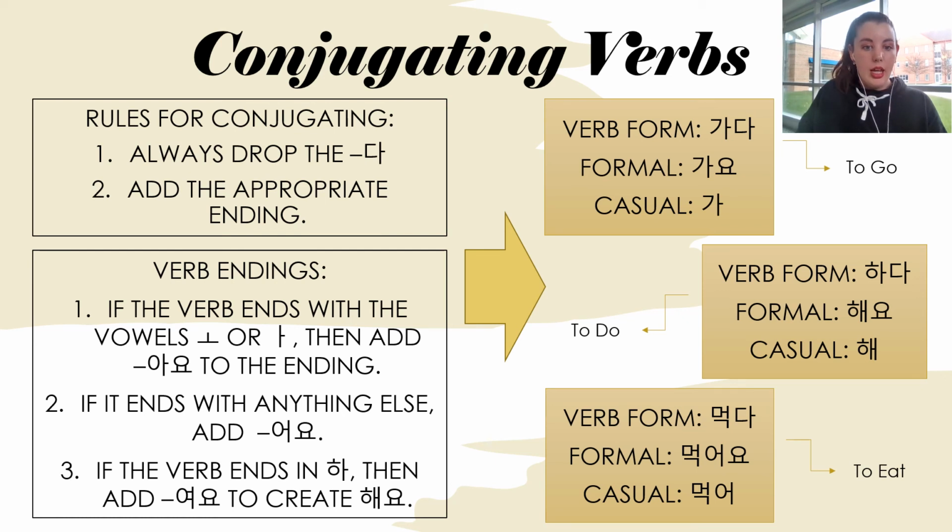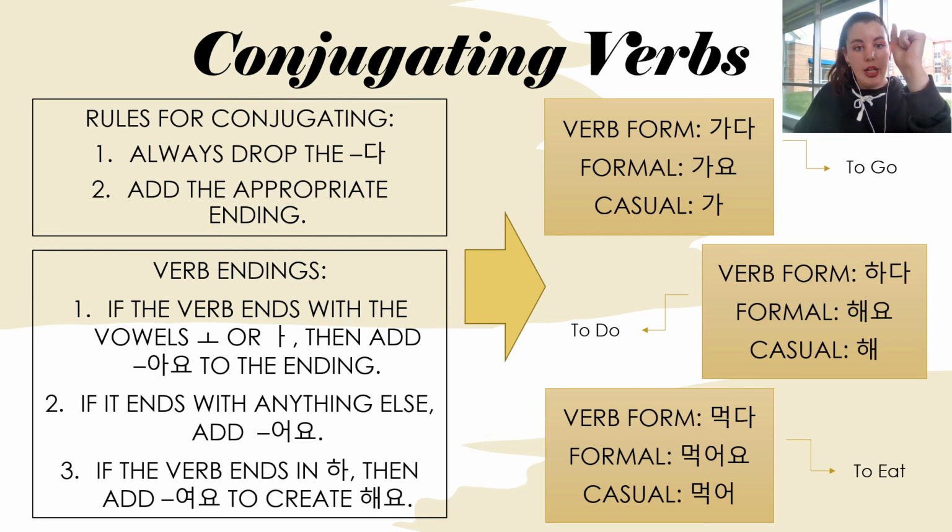So we're talking about after we dropped da. For example, on the top right-hand side, I used the verb 가다, which means to go. After we drop da, we are only left with 가 before the conjugation.